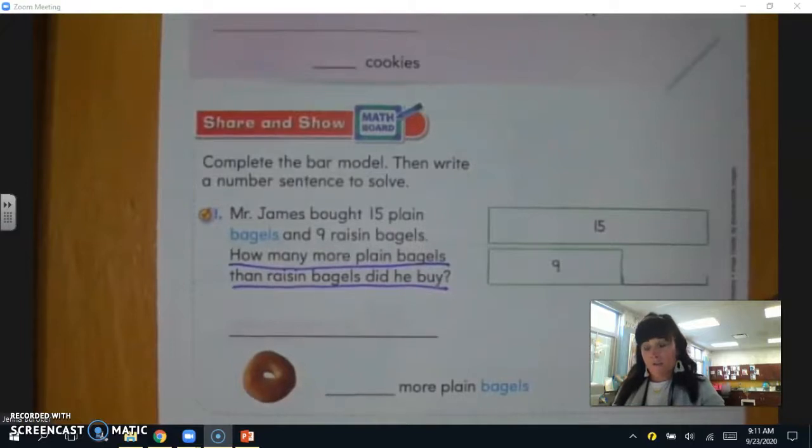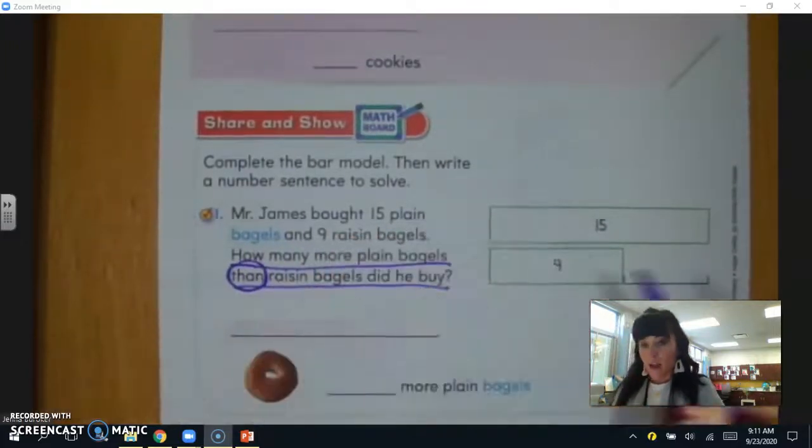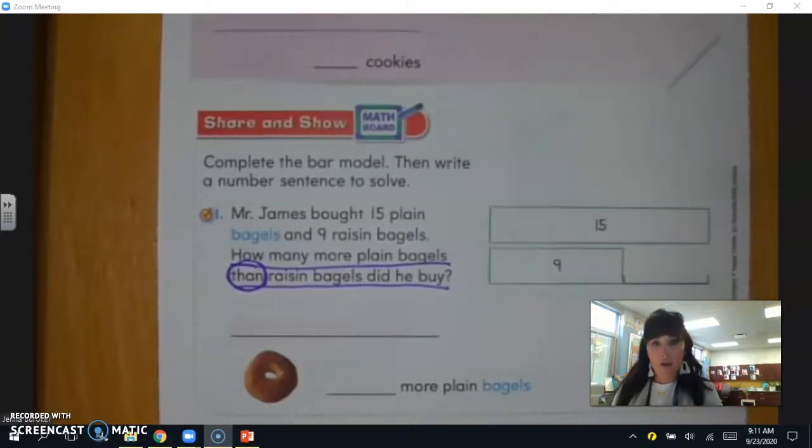That's the question, okay? And right away, I see in that sentence a super special, awesome math word. And that word is than. Than is super important. If you see than in the question, it means that we are going to be comparing.